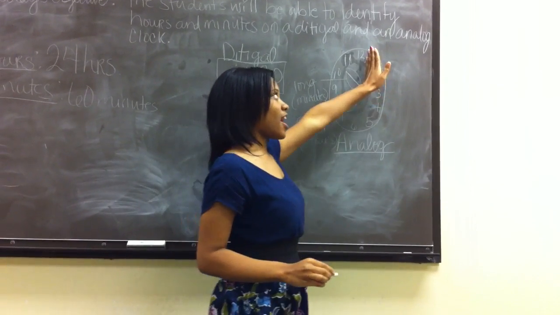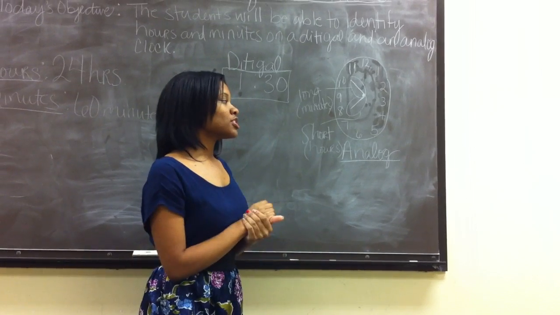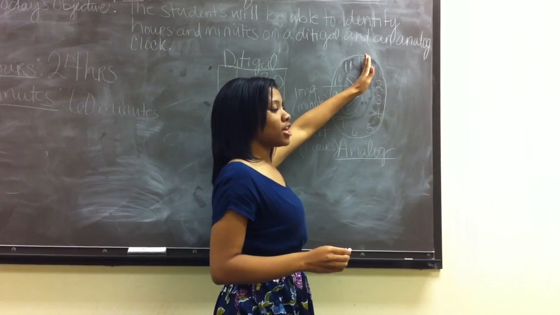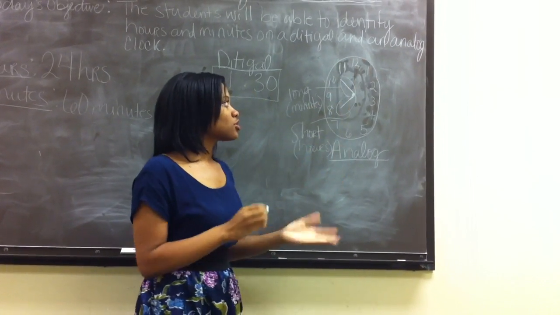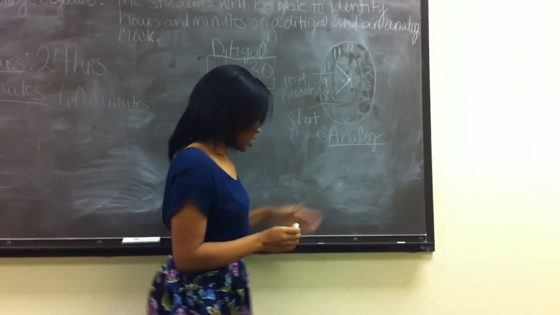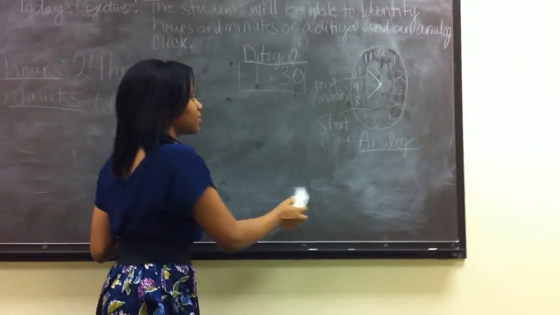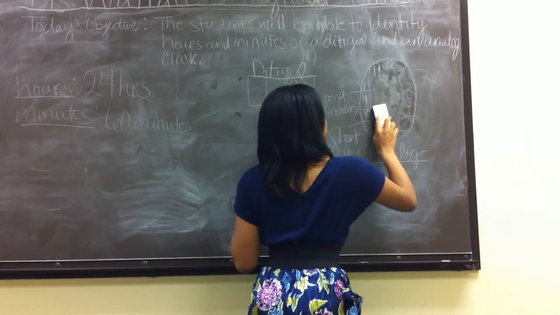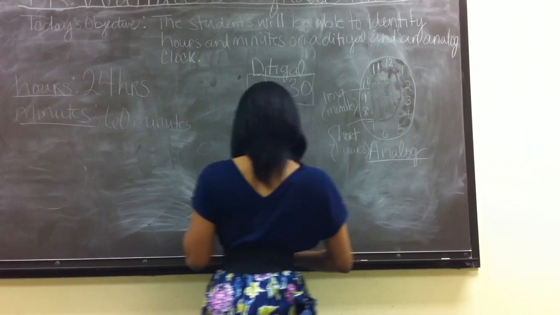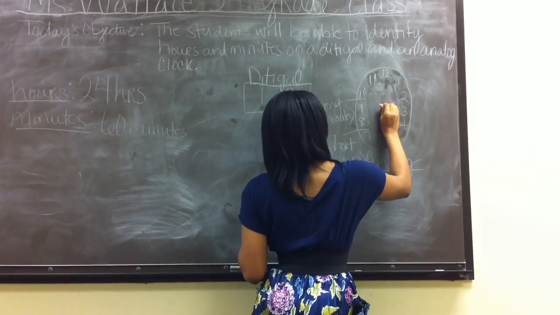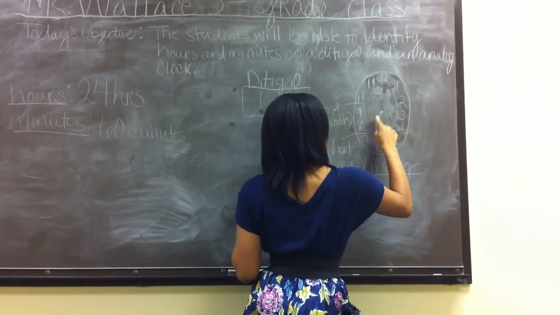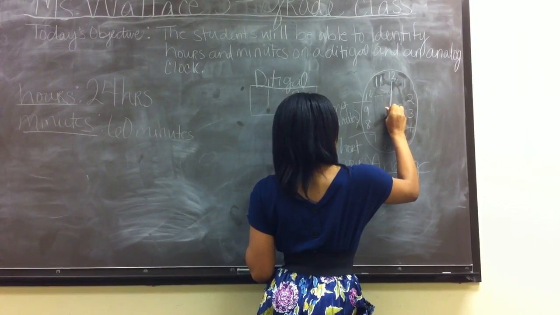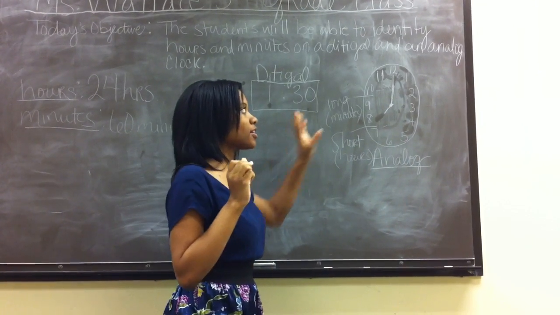Okay. With the minutes, it's not like the hours. You have to go by 5 with the minutes. The reason why we go by 5 is because when the long hand hits the 12, it starts the hours over again. So say for instance, we're at 8 o'clock. Okay, this is showing 8 o'clock.